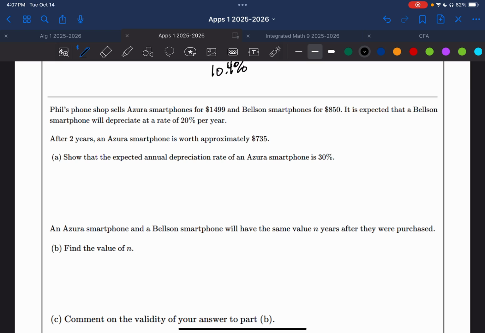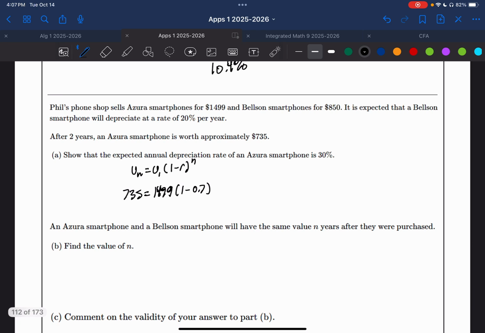So what we can do there is we can use our function un is equal to u1 times 1 minus r to the nth power. That means that 735 should equal 1499 times 1 minus 0.3 to the second power, which is 0.7.